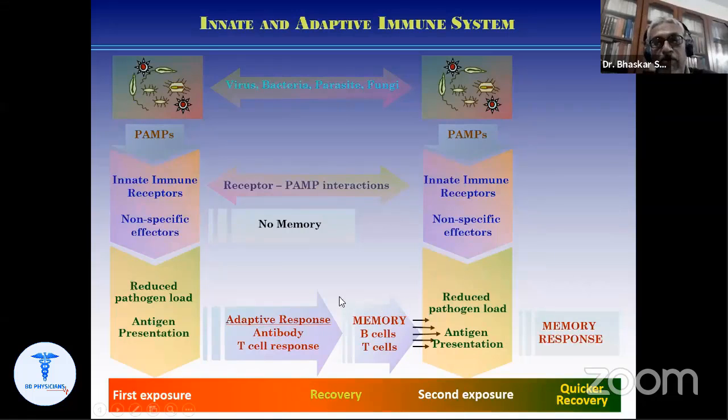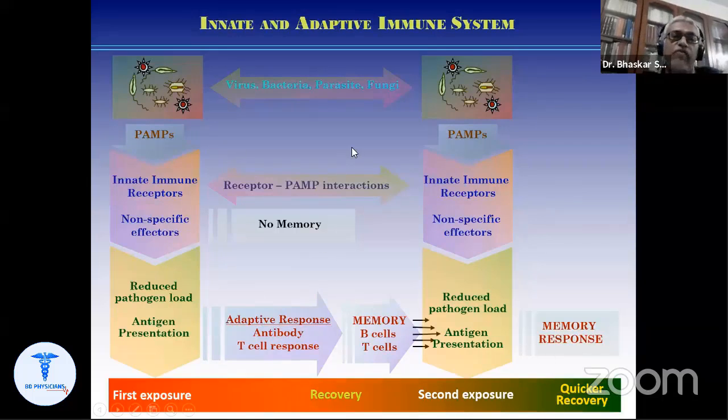In addition, we have the memory B cells, and these memory B cells participate during the second exposure. During this second exposure, because the antigen-specific B cells and T cells are there, we have a very quick response, and therefore, due to this memory response, we have a quicker recovery.